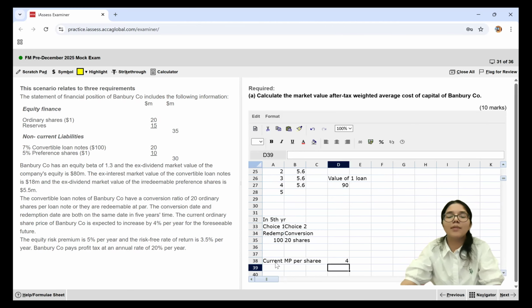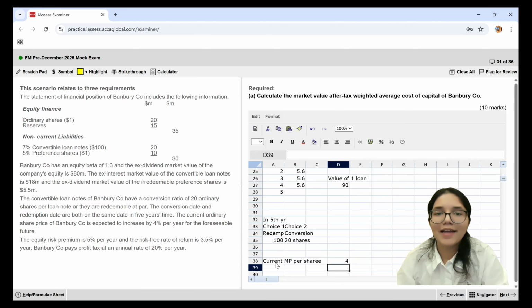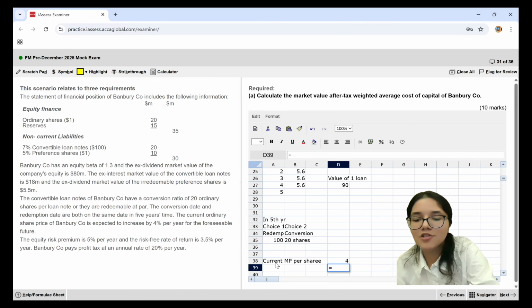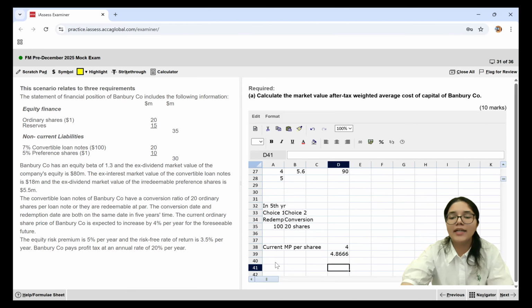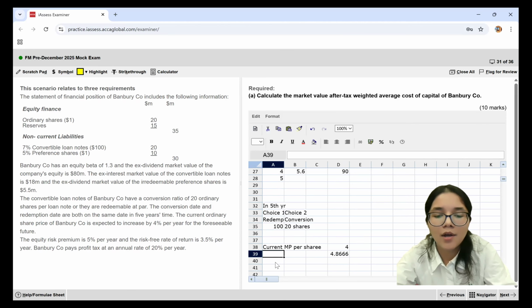So that means $4 is the value per share. Now these shares are going to rise by 4% every year. So if I want to calculate the share price after a period of 5 years, this will be worth 4.86.